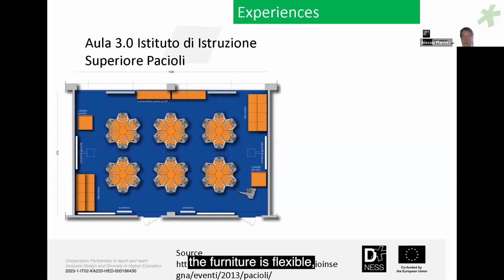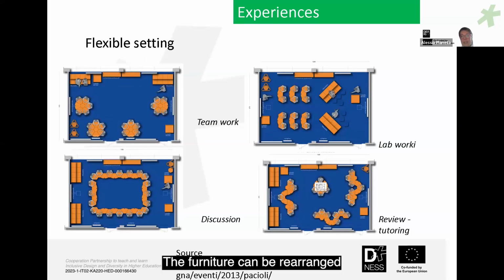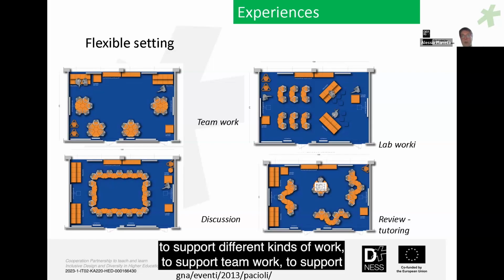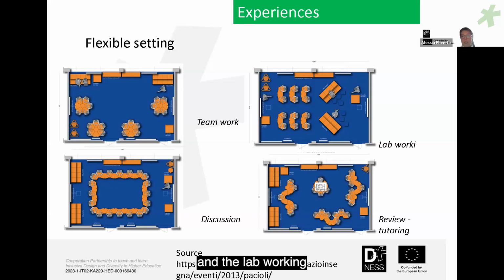The furniture is flexible, and as you can see, there is no desk. The furniture can be rearranged to support different kinds of work, to support teamwork, to support discussion, to support review or tutoring or exam sessions, and lab working.